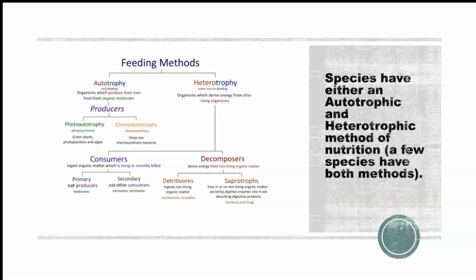Our producers that use photosynthesis are photoautotrophs, but we also get chemoautotrophs, and these are those deep sea creatures that can't actually get light energy. So they use chemosynthetic bacteria. They use chemicals to produce their food. Then we have heterotrophy. These are our consumers and our decomposers. Okay, and we're going to be looking at these in more detail.